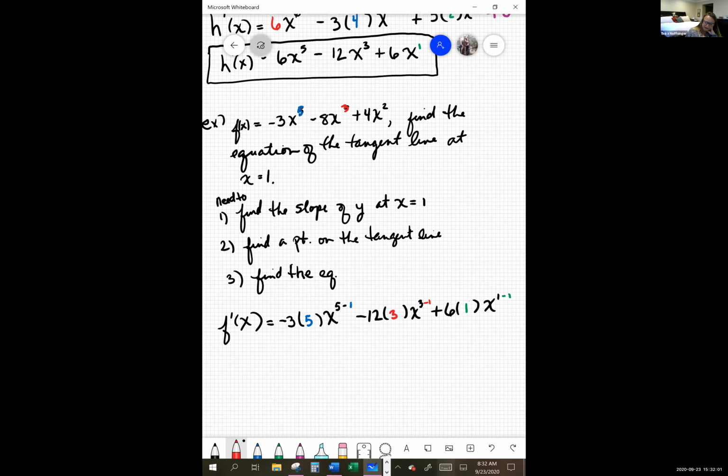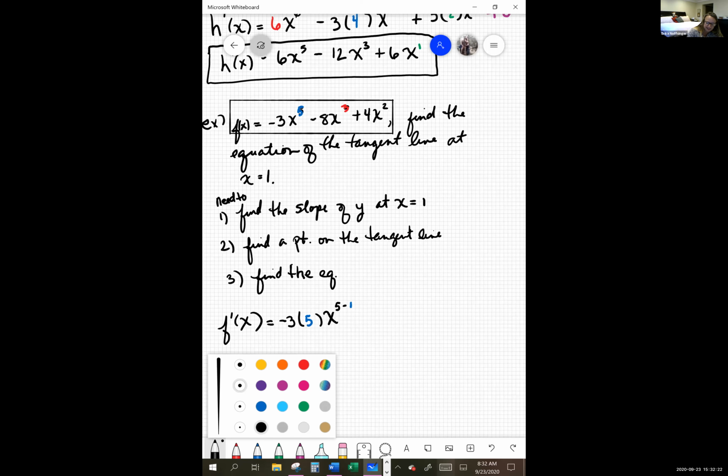I took the derivative of my first term, okay, negative 3x to the 5th. But the last two terms were the function above. Sorry about that. So the second term for f of x is minus 8x cubed.